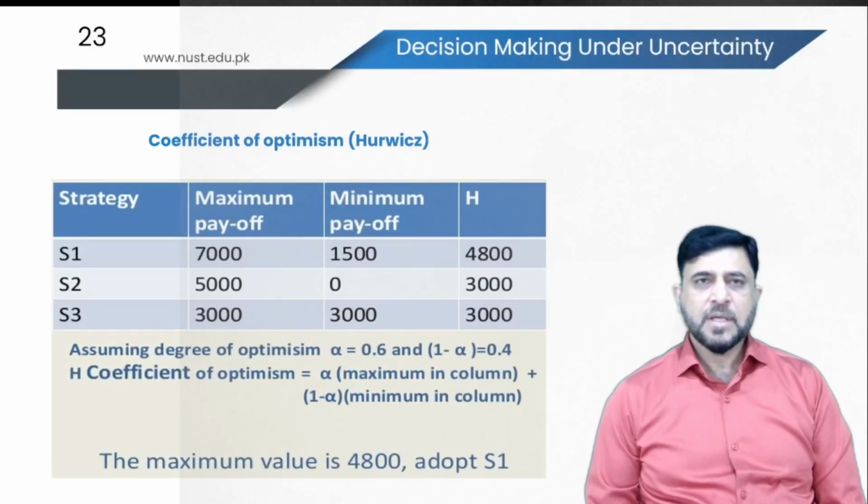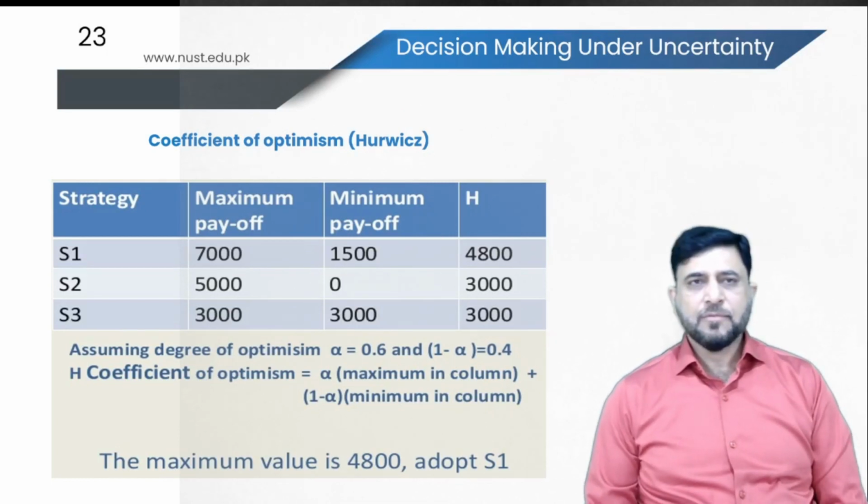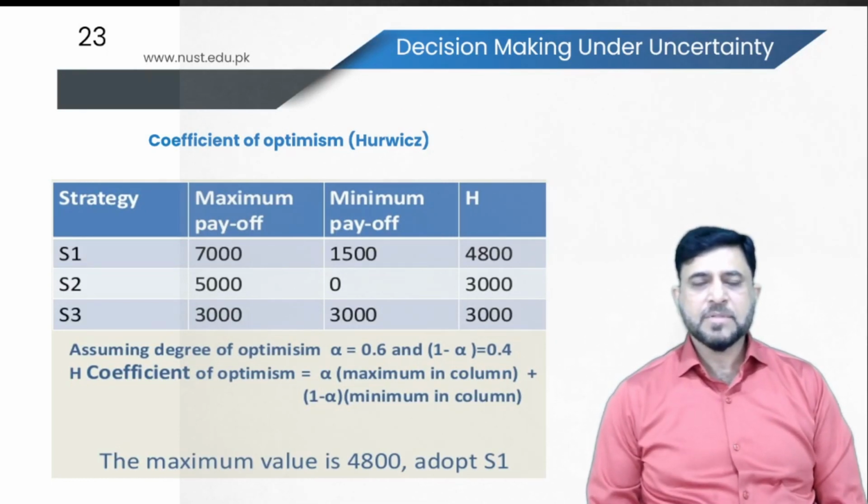So this is the calculation of coefficient of optimism. Here in the same example, we again have 3 strategies. For strategy 1, we have maximum payoff of 7,000 and minimum payoff of 1,500. So what is the H value? We multiply by the alpha value.